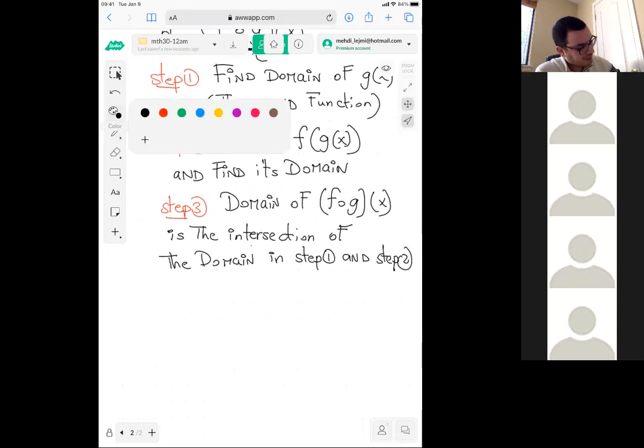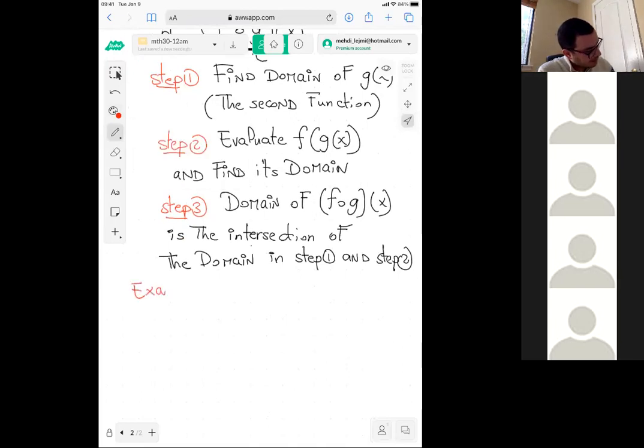So we can see how it works. All right, here's an example. Let's say my f of x is 1 over x minus 2, right?